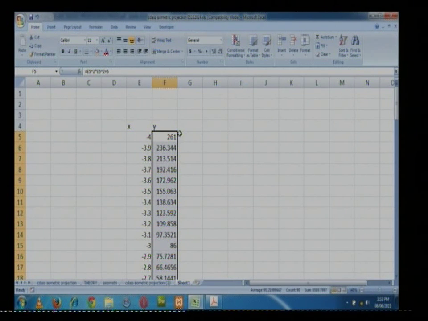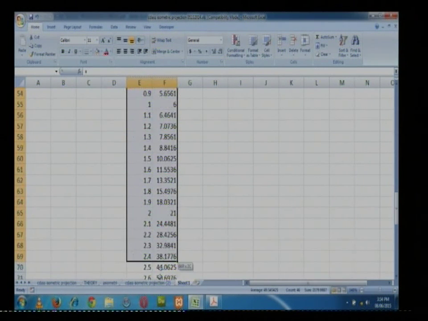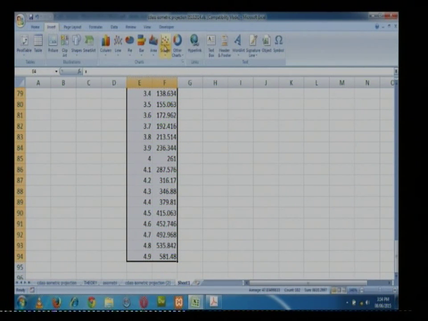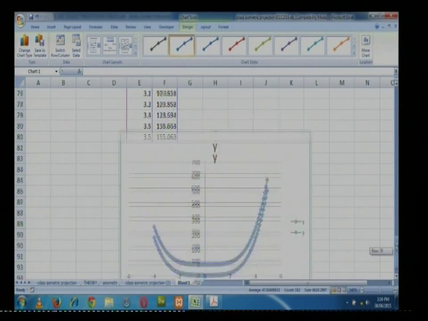Otherwise, this is scientific format for X. So, this is our data, and now if I plot this, this will be our curve.